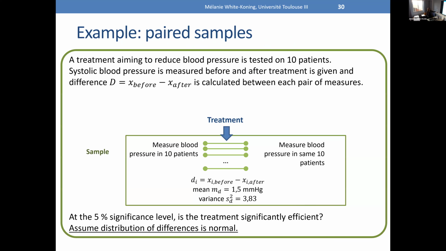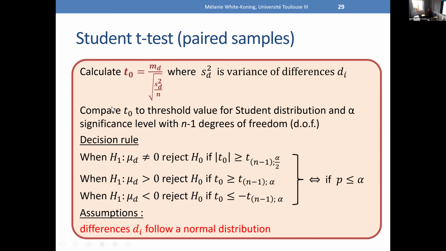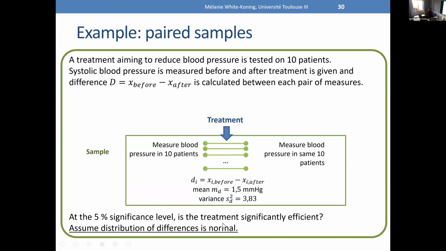So now, if you go back to that, can you calculate for me the test statistic for this exercise? You need to calculate this with the values for MD and SD, which are here. MD is 1.5 and SD squared is 3.85.